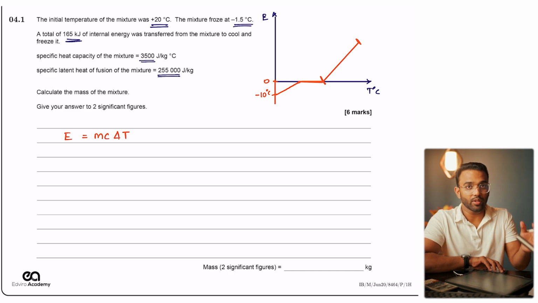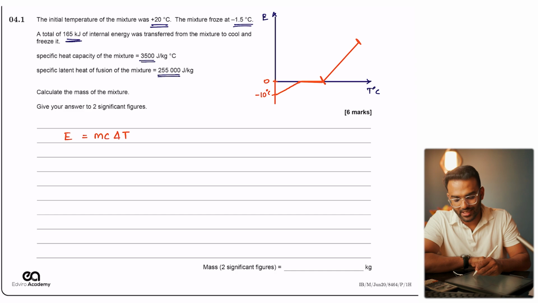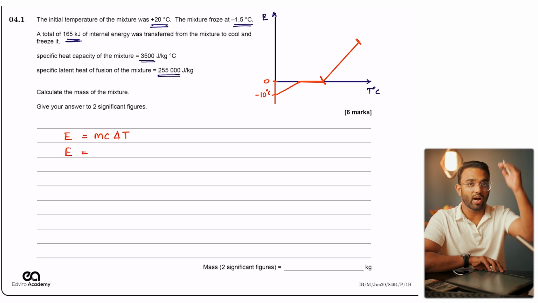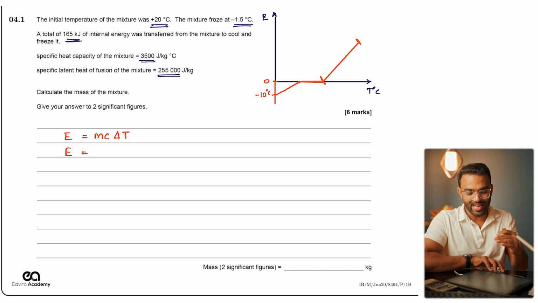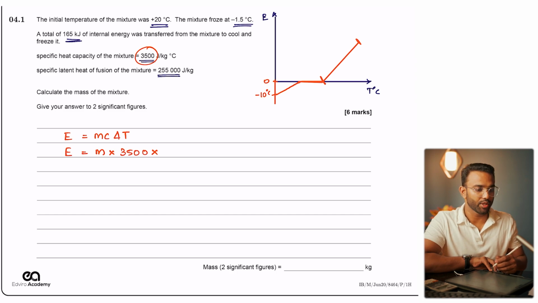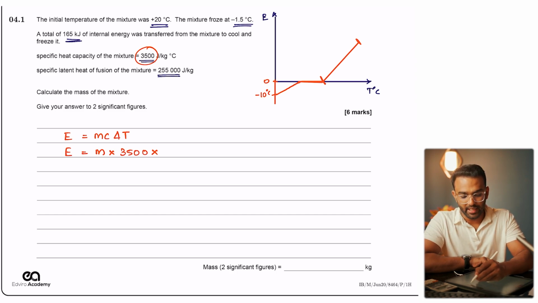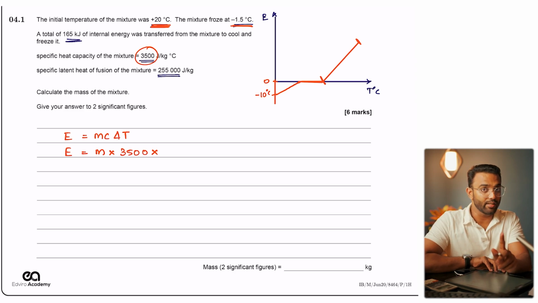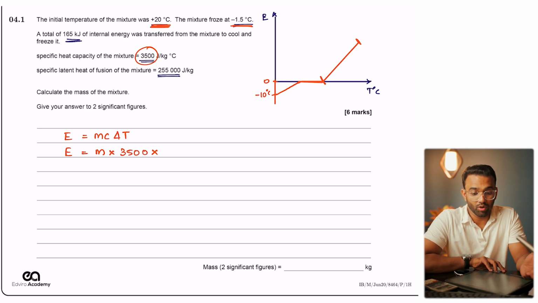Let's see. We don't know the mass for it, okay? I don't know the amount of energy that was taken out, so I'm just going to write that down. This is the energy taken out while the mixture was cooling down. And the mass, I don't know. That's what we are figuring out. The specific heat capacity of the mixture is given to us, 3,500, times the change in temperature. And look, it says it was at 20 degrees, but it froze not at 0, because we don't know if the mixture is water or anything.